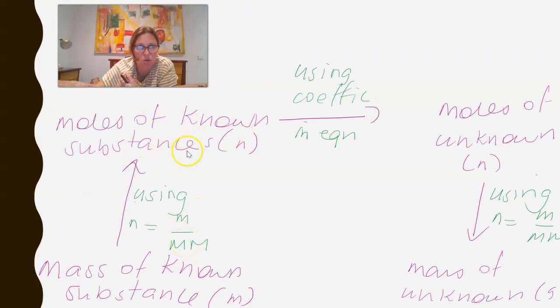So now I've got the moles. Once I know the coefficient ratio, if I know I've got 1 mole of carbon dioxide produces 2 moles of water, then I know I'm going to have double the amount of my unknown. So I can use that to come here. Then once you know your moles of your unknown, again, using moles is equal to mass over molar mass, you can work out how much in terms of grams you have of your unknown.